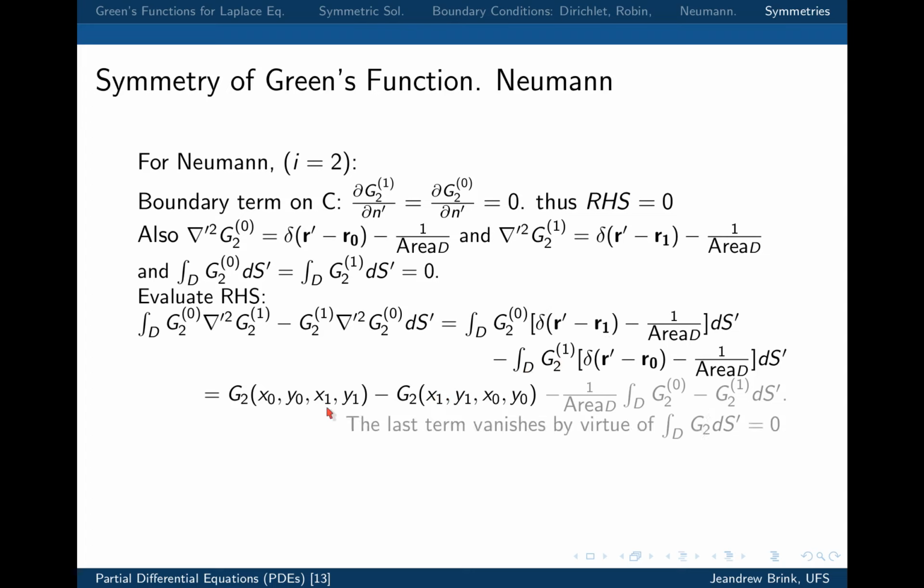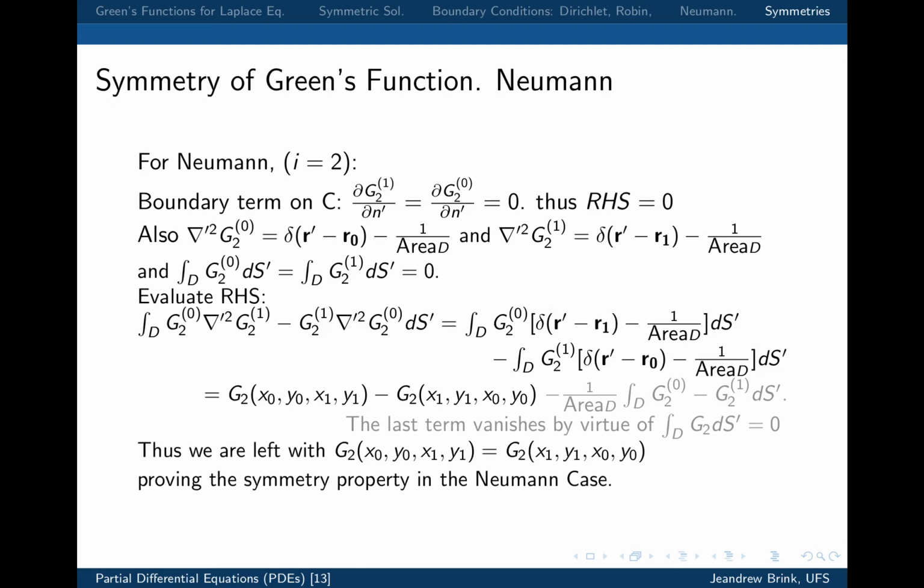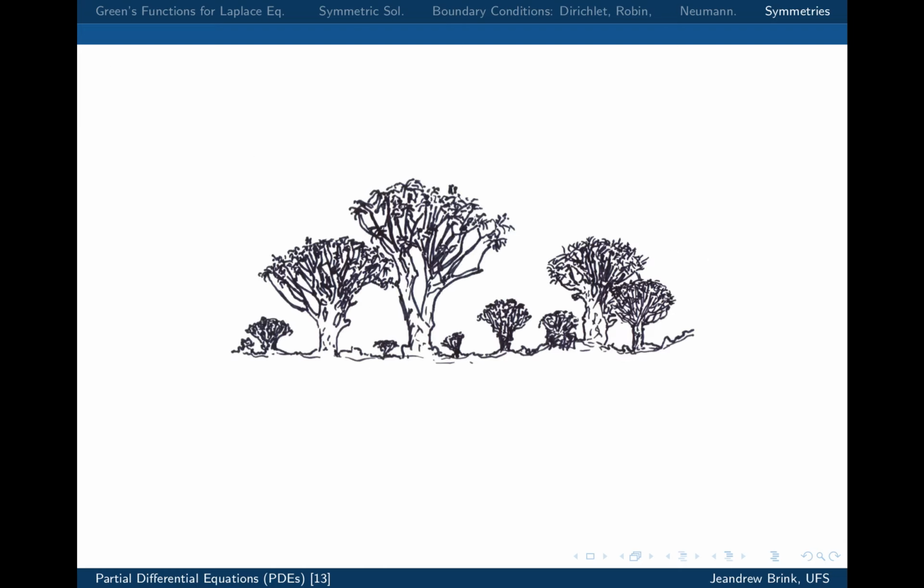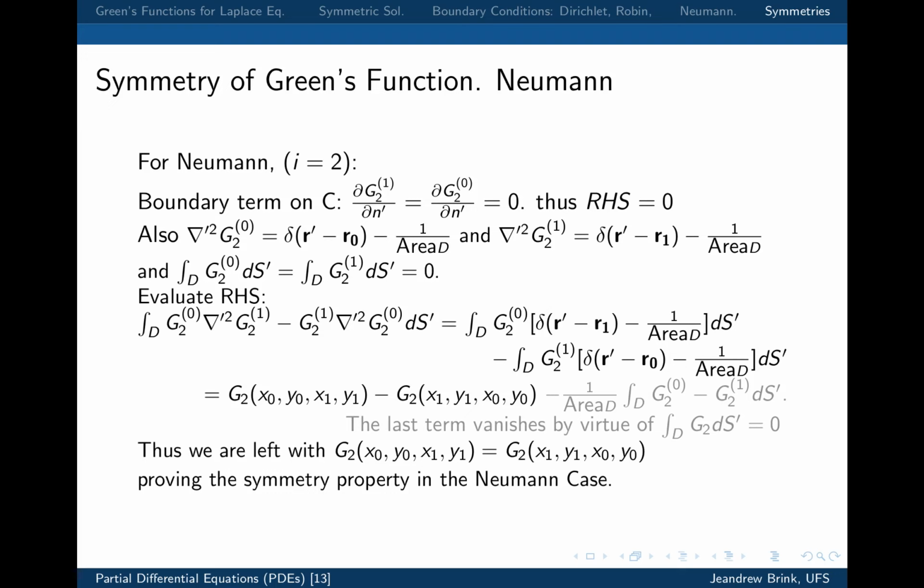So the symmetry property holds for the Neumann boundary conditions as well, provided you have chosen this G2, the average value of the Neumann, and followed very carefully what the definition of the Neumann Green's function is. Okay, and so we're left with that, proving the symmetry property in the Neumann case, and that's about it.